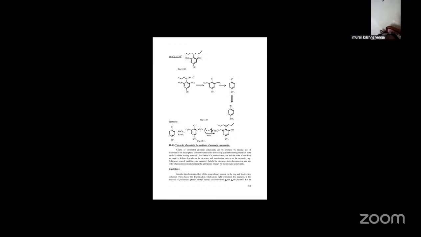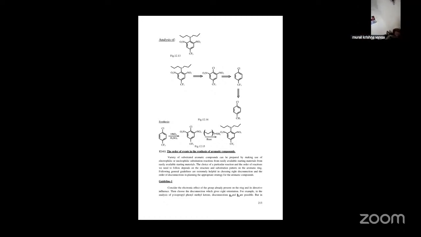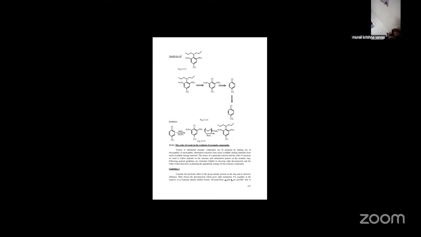Isopropyl benzene has a ring activating group and an ortho-para directing group, whereas in disconnection B, the acetyl group in the precursor acetophenone is a deactivating and also meta directing group. Therefore, disconnection A is the most appropriate one.